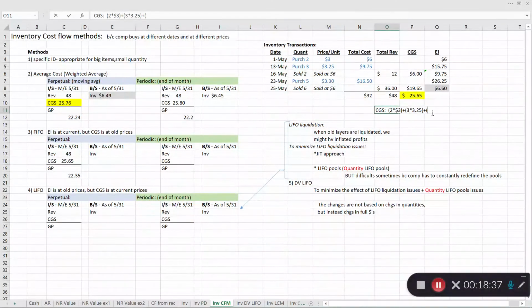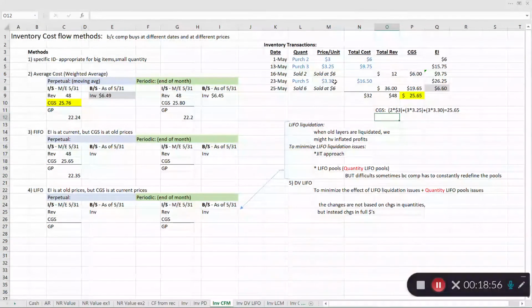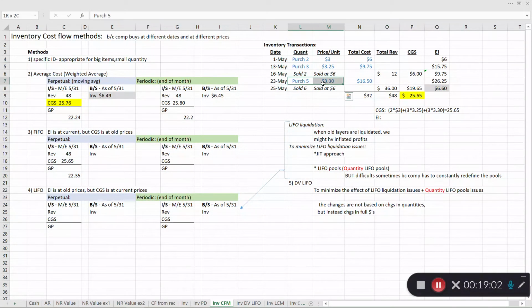And that's going to be 3 at 330. And when you do this computation, you will find that you're also going to get $25.65.